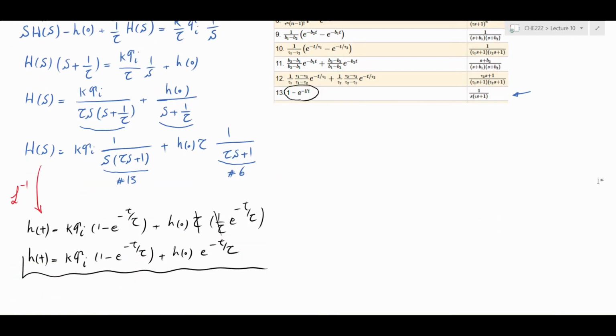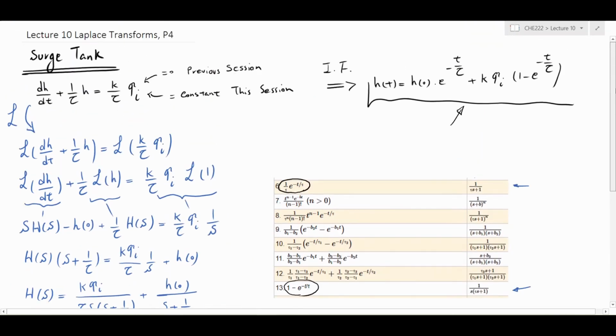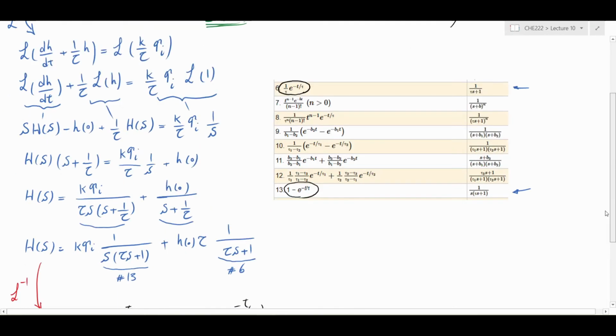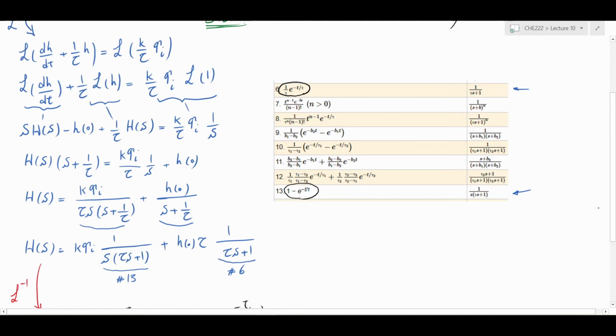Now let's see what steps we took to solve the ODE. Our first step was to take the Laplace transform of the ODE to convert it to an algebraic equation. Next, we solve the algebraic equation to obtain an expression for H(s). So this was our step 2.